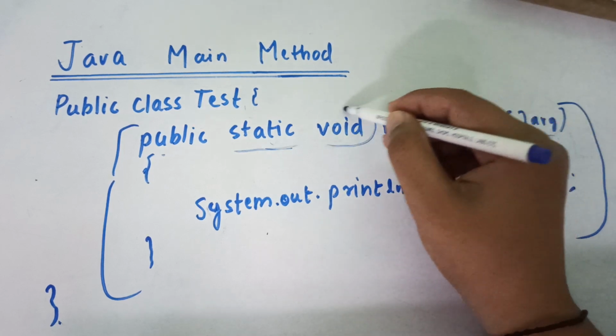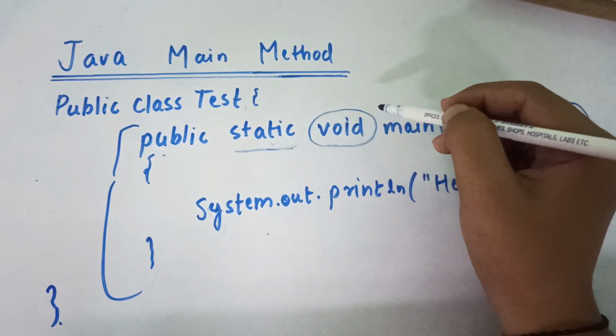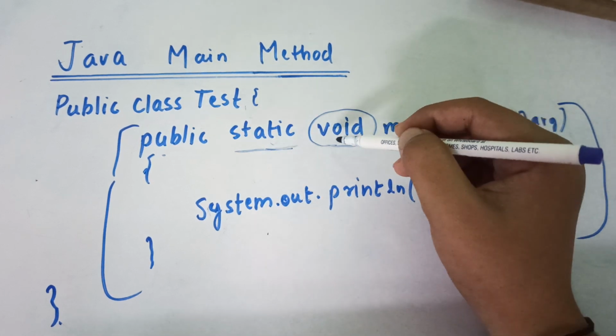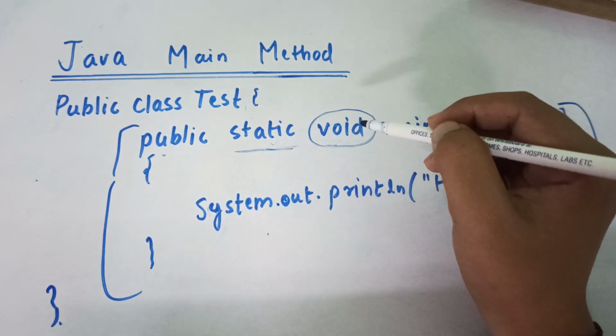And why is this method of void type? Void is used for functions which do not return any value.